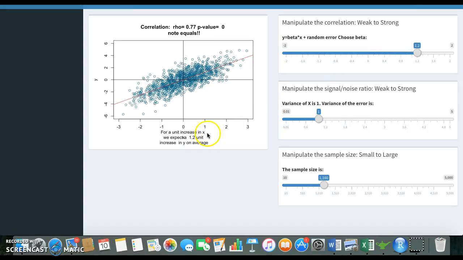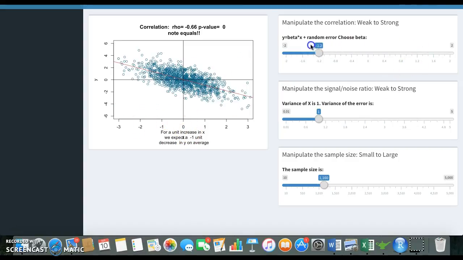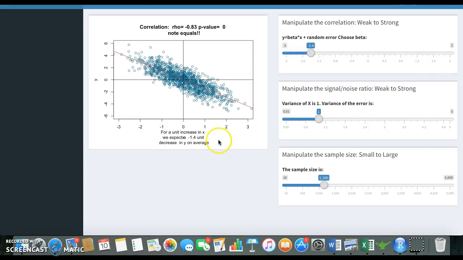So for a 1 unit increase in x, we expect a 1.2 unit increase in y on average. And over here, for a unit increase in x, we expect a -1.4 unit decrease in y on average. So the important parts of that interpretation is that it's always for a unit increase in x, the independent variable.